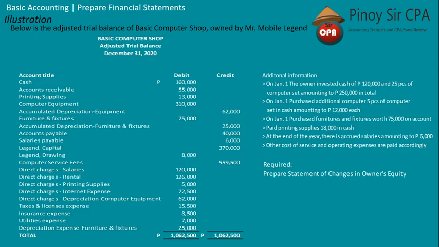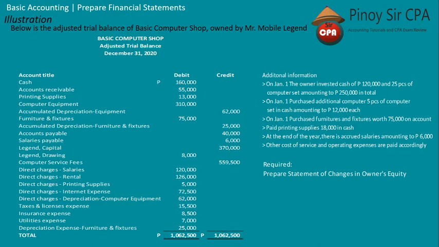Just stick with the formula, okay? You have the beginning balance, then additional investment, if any. Then the net income or net loss, then less withdrawal. So yun na yun. Any other answer other than 480,000?